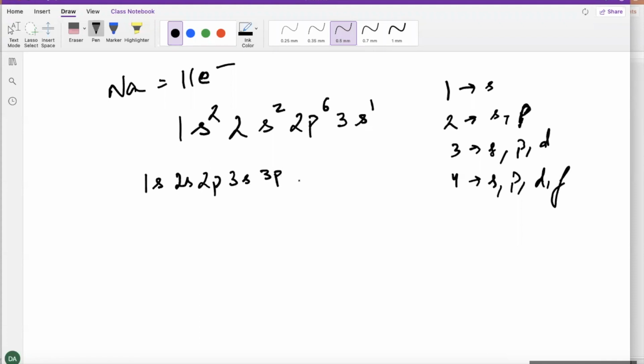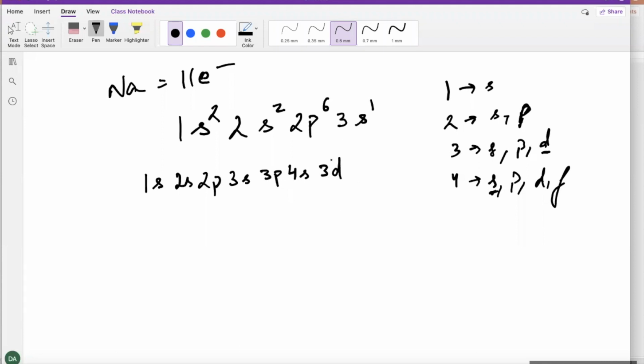Whenever you're trying to go from s and p to the d orbital, the s of the next floor actually comes in before the previous d orbital. And why is that? It's because for some reason, 4s energy is less than 3d energy. And that's why 4s is going to be filled in first. So after 3p, guys, we'll go to 4s and then we go to 3d.